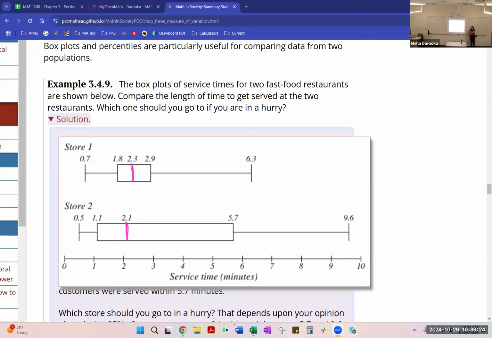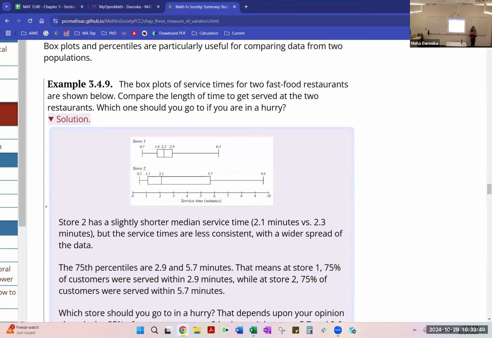Do you really want to be waiting 10 minutes at a fast food restaurant? Maybe other things matter, like whether you really want that food item, or that restaurant if it's your favorite, or, like Raven was saying, if it's closer to your location. But since we are just talking in terms of time, I think the other factors are something we would not be looking at immediately.